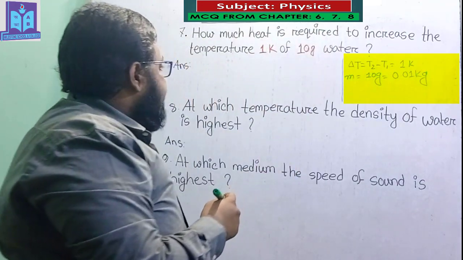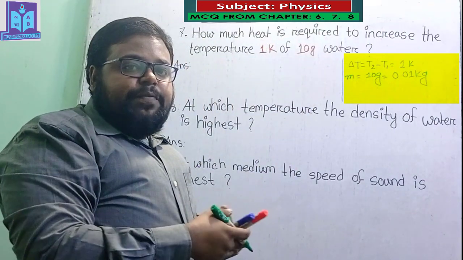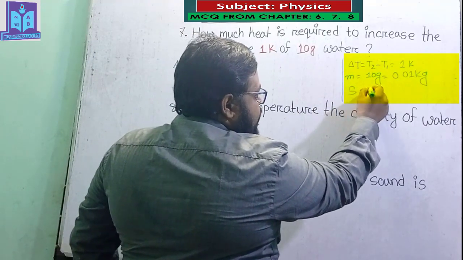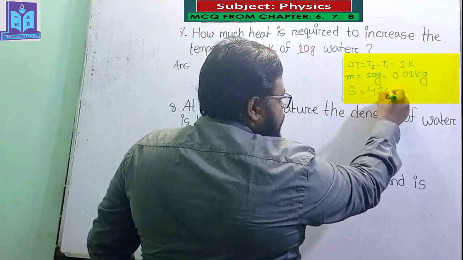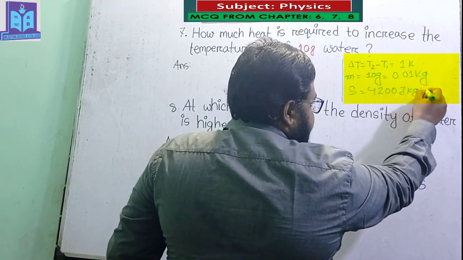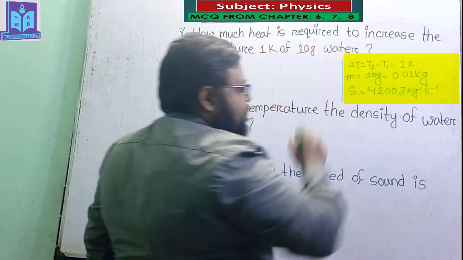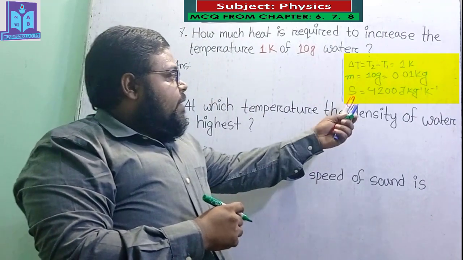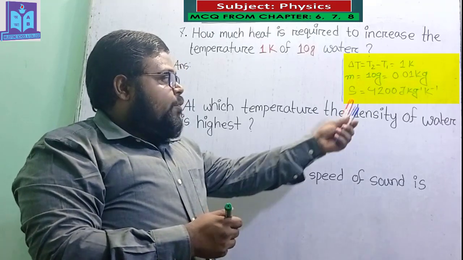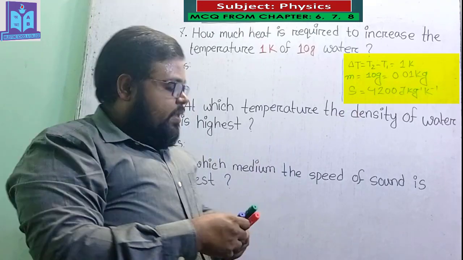And we know that the specific heat of water S equals 4200 joule per kg per Kelvin. That is the value of specific heat of water, and you have to memorize this value.